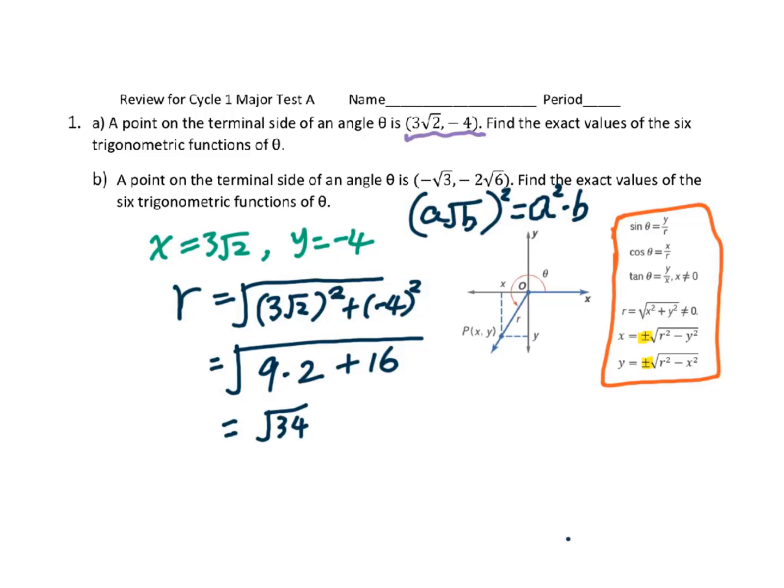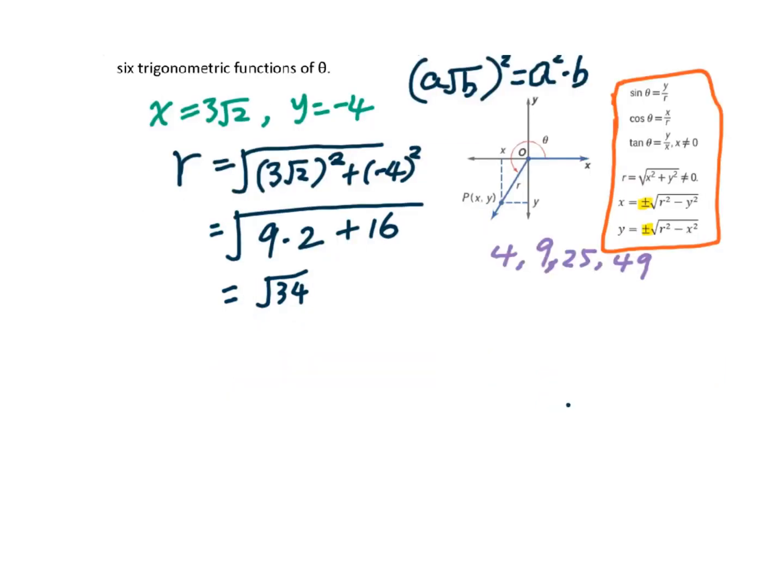This is a simplified radical because it cannot be divided by 4, 9, 25, 49. So for the major trig function sine theta, that equals y over r, you will get -4 over square root of 34.